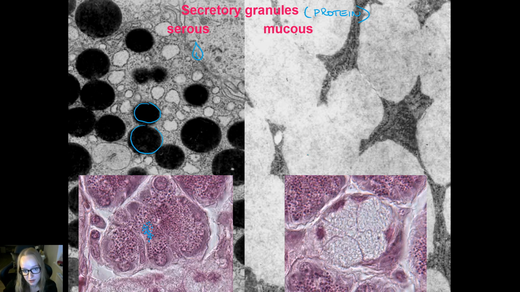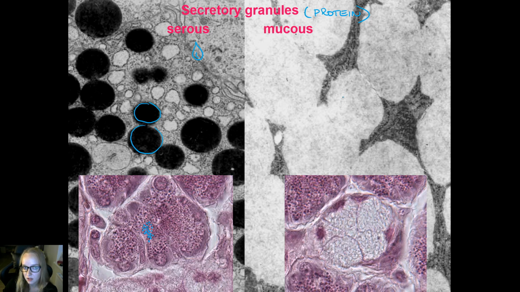On the other hand, there are mucous granules, which are very much different from the serous granules, as you can tell. Serous granules are smaller, there is a membrane around, and they are separated from each other, only a little bit touching, but not fusing at all. Mucous secretory granules are the opposite.